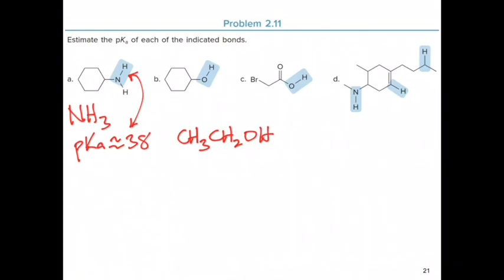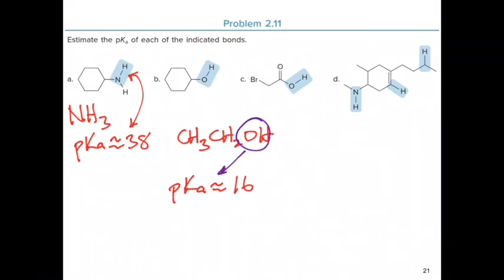Okay, so what we have here is ethanol because it has 2 carbon atoms. And so this hydrogen to oxygen bond here, according to that table, is equivalent to about 16. So the pKa is roughly 16. So in that case, this hydrogen here has a pKa of about 16 as well.